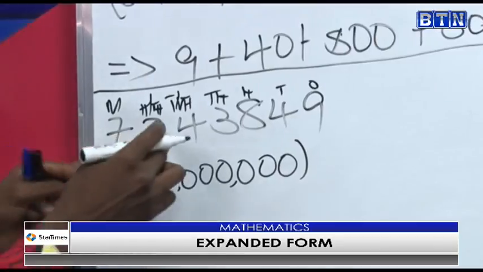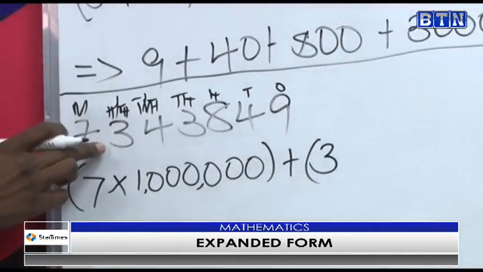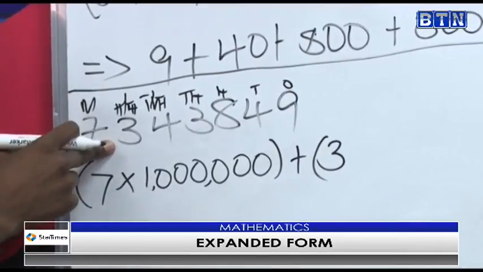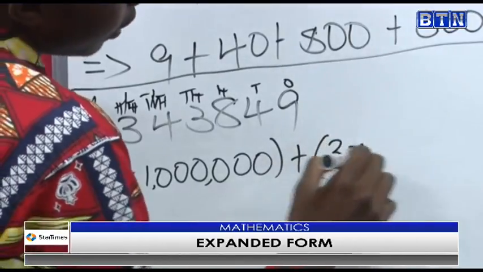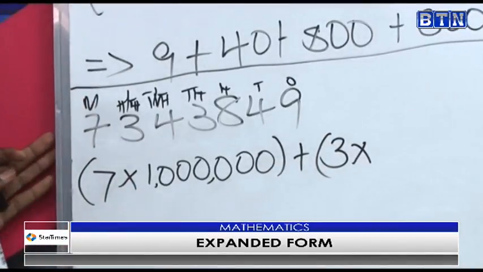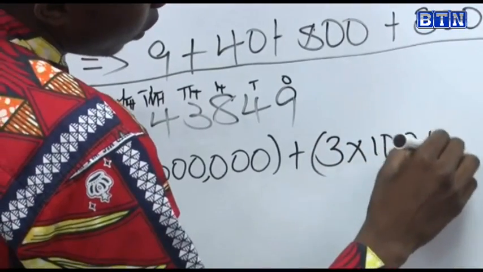Then we shall come to 3. Shall say plus 3. Which place value does 3 lie under? It is under 100,000. So if it is under 100,000, I'll multiply it by 100,000.